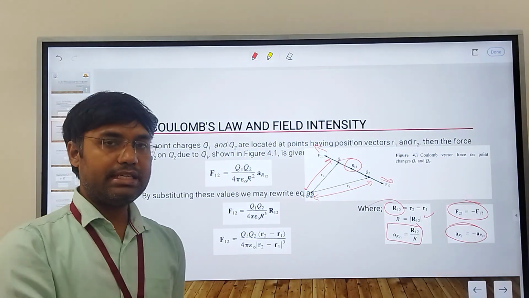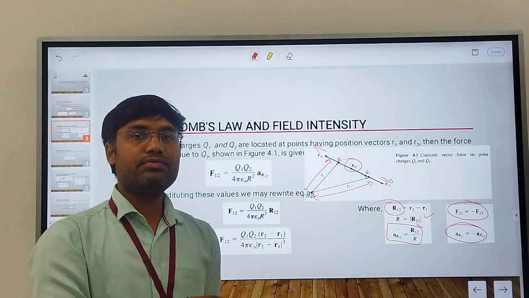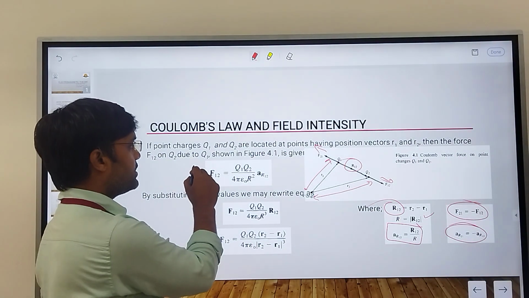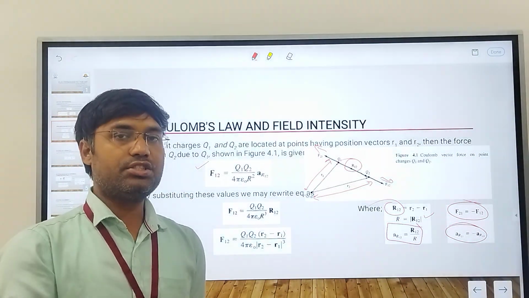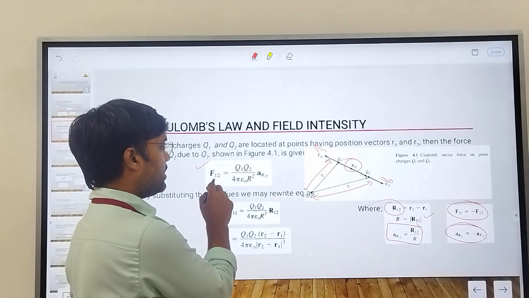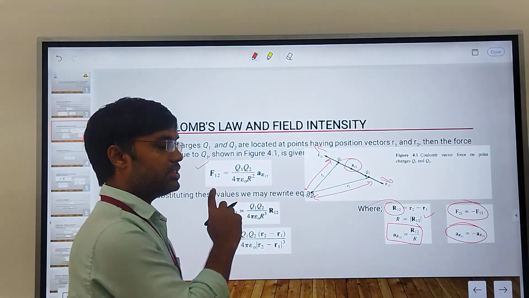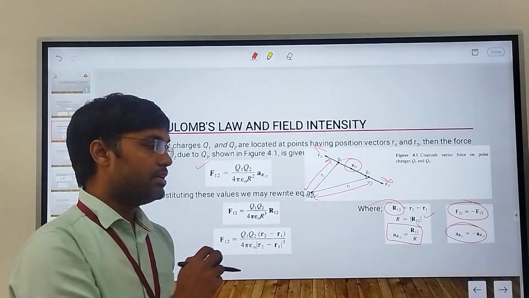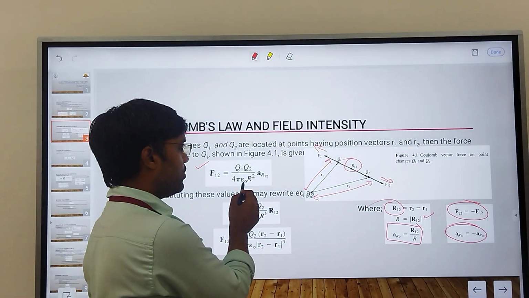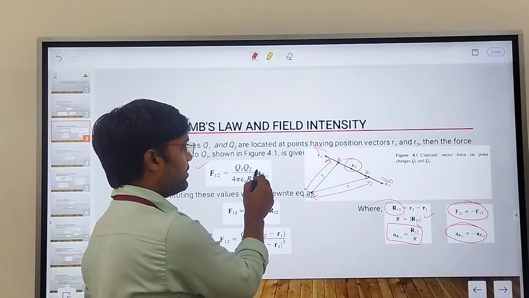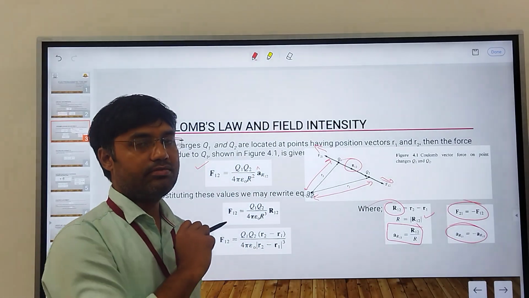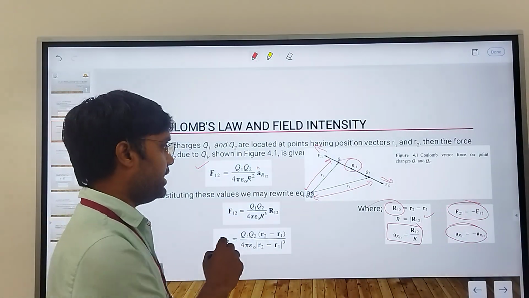We will put these values in the formula of Coulomb's law. Coulomb's law states that the force acting on charge Q1 due to charge Q2, represented as F12, is Q1 Q2, the product of the two point charges, divided by 4 pi epsilon naught R square, the square of the distance, multiplied by the unit vector AR12, which represents the direction.